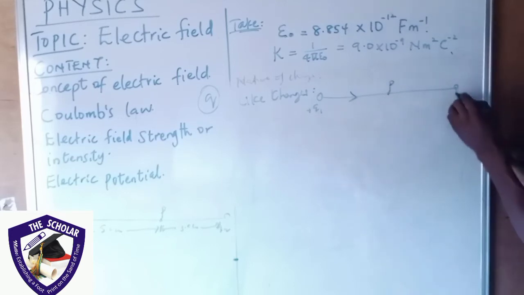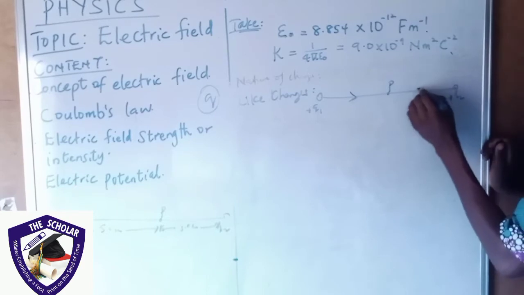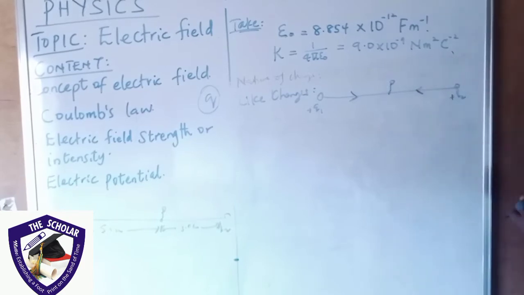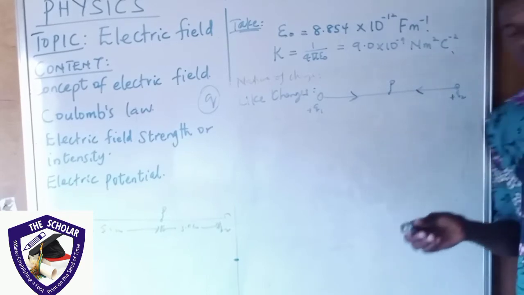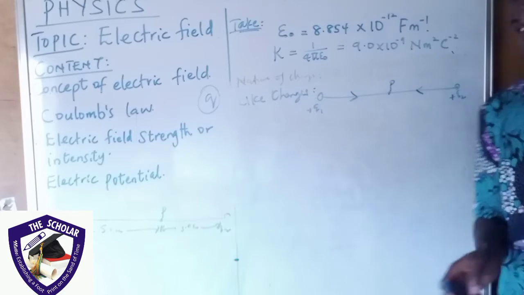Likewise, since our Q2 is also positive, our P will be repelled away from Q2, and we have this moving inward also. And according to your knowledge of forces, electric field strength is also a vector quantity.